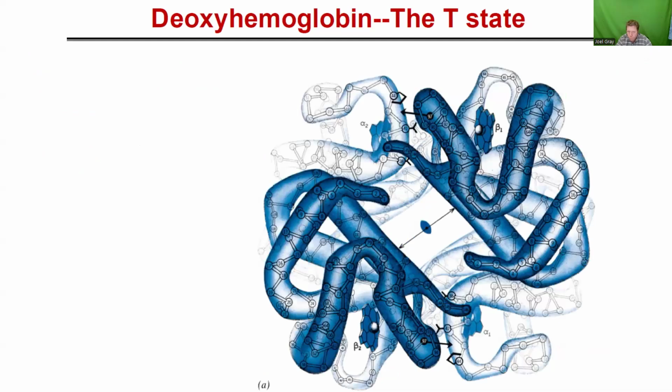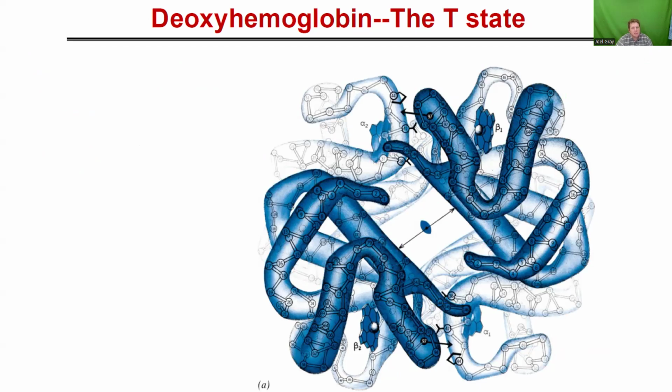Now, deoxyhemoglobin, shown here, is depicted in blue to reflect the color of the blood, and oxyhemoglobin. Watch closely. I'm going to toggle back and forth between these two.